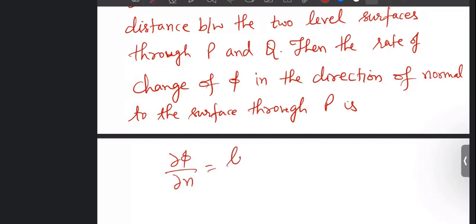And what is it equal to? It is equal to the limit as delta n tends to 0 of delta phi upon delta n.